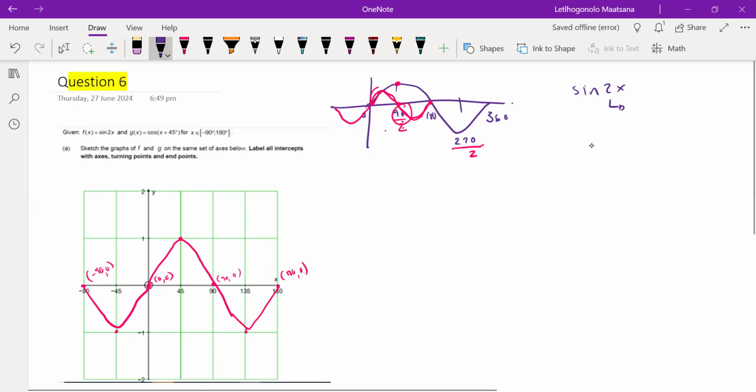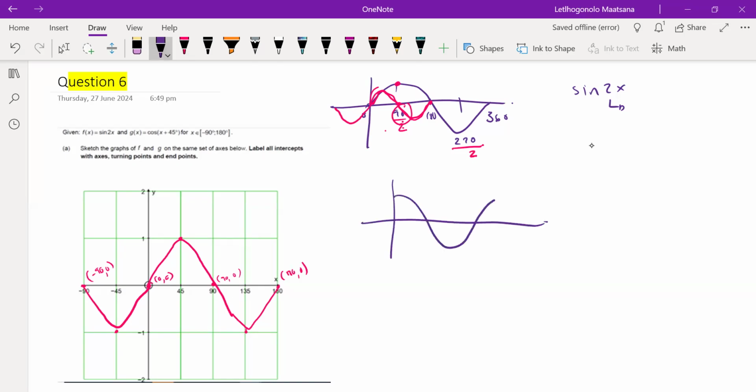Then we look at our cosine graph. Originally, our cosine graph goes like this, where this is at 360, that one is at 270. Actually, that is not 270, sorry. That is 270, that is 180, and that then is 90 degrees. So when we have a plus 45, the plus 45 means a shift to the left by 45 degrees.